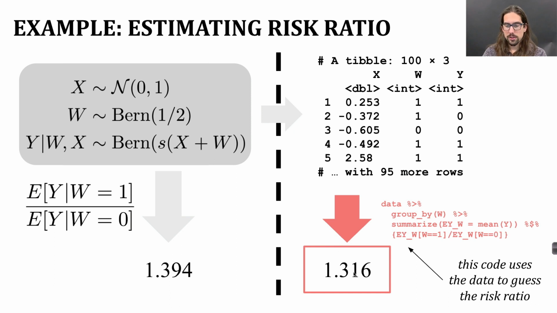So the value of the answer I get is random. And whenever somebody says something is random, it just means it depends on the data. And the data depend on who you get in your sample, which is random. You don't know before you run the experiment who you're going to get. And so this number is not fixed. This number is fixed; this is a population quantity. This number is going to vary, and we'll talk a lot more about that.